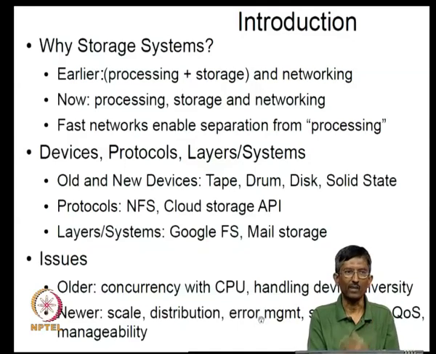Even disks can go bad because disks have sectors and they use fairly sophisticated means of error management, called error correcting codes. But in spite of error correcting codes, sometimes certain errors cannot be corrected, and the sector goes bad.